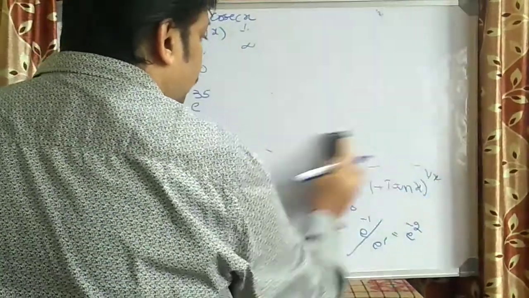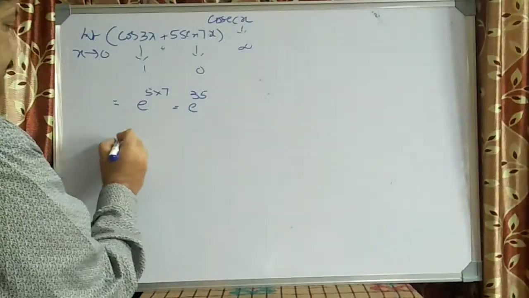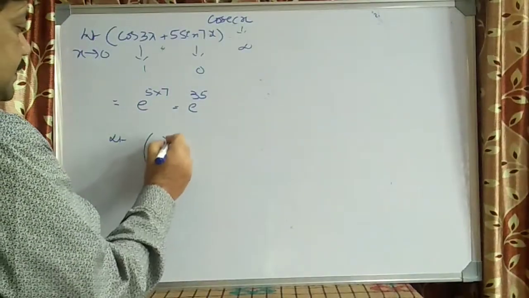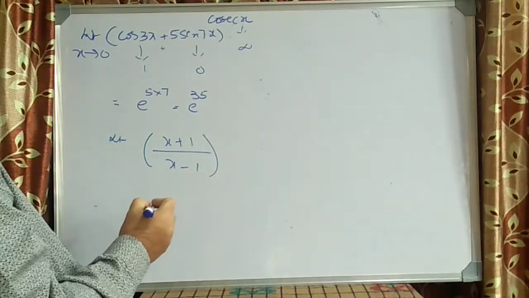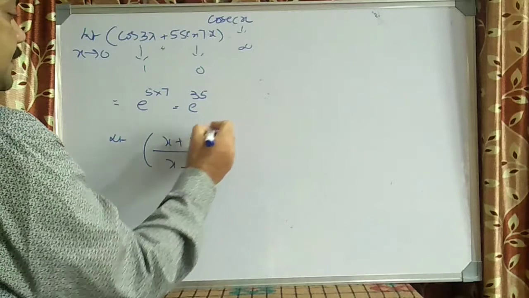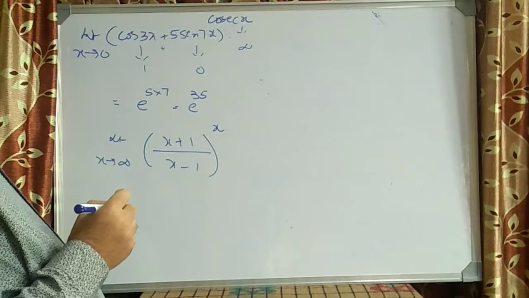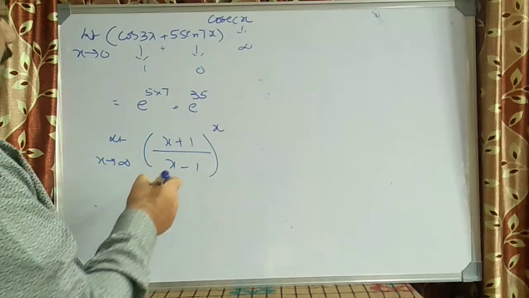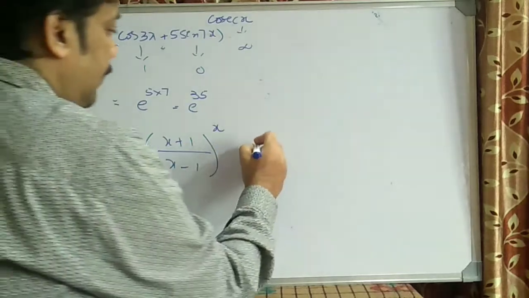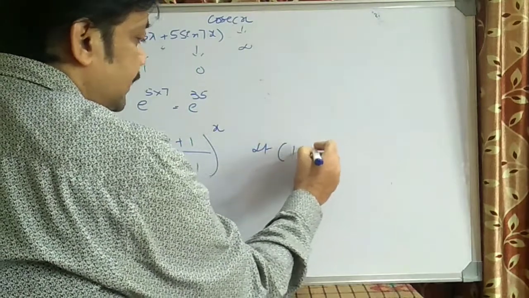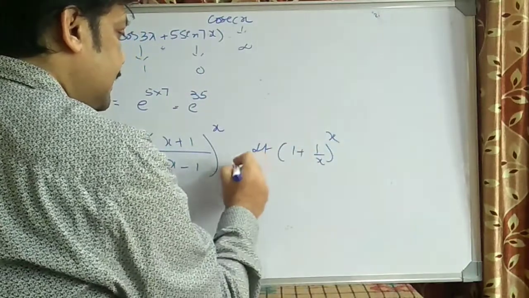See, I have a problem here: limit of (x plus 1) by (x minus 1), whole to the power x as x tends to infinity. What I try to do is convert this into the previous model, limit of (1 plus 1 by x) to the power x as x tends to infinity.